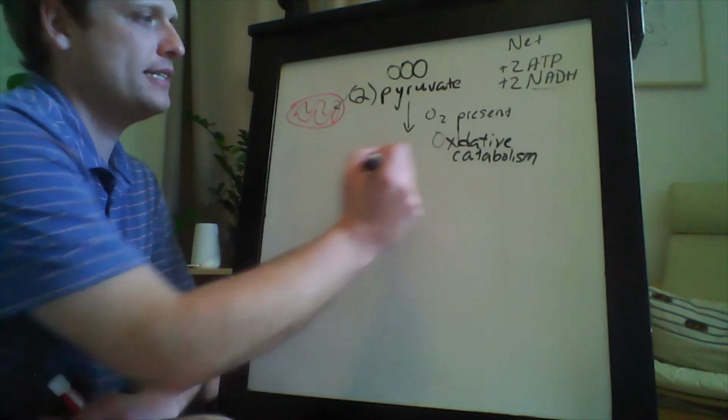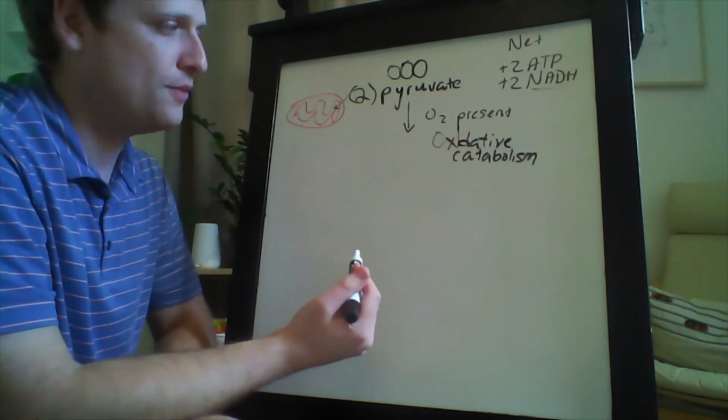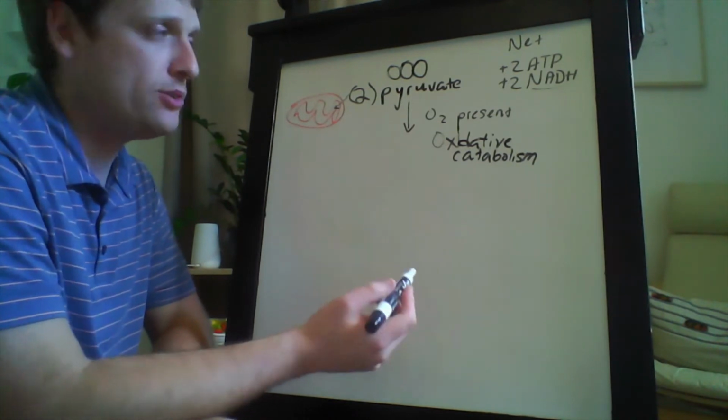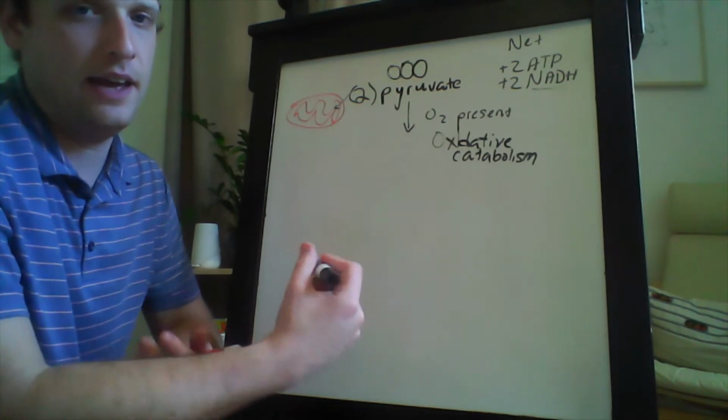So oxidative catabolism, again, that means electrons are being transferred in these catabolic processes. What we're mostly referring to is electrons being transferred to NAD and FAD.